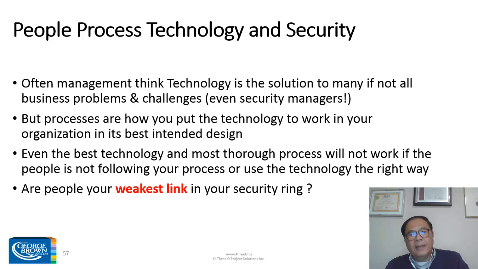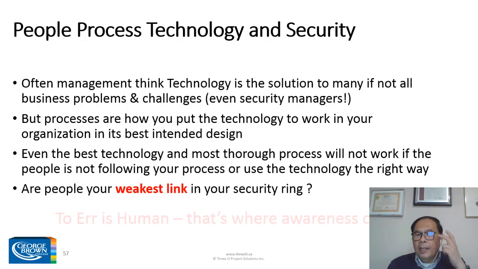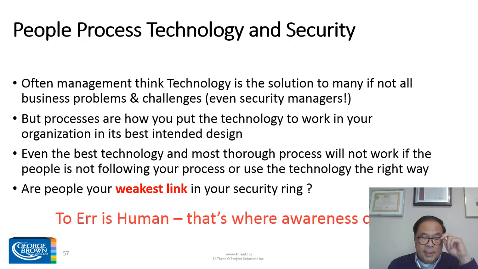Okay? So again, this slide explained that, and what I wanted to add is that people are your weakest link in your security ring. It's like, you have the best security technology implemented, and you have thought through all the processes, but if your people are prone to making errors, then it reminds me of this statement: to err is human.